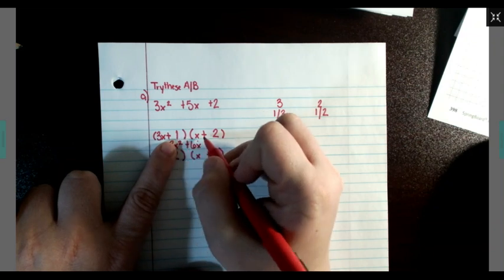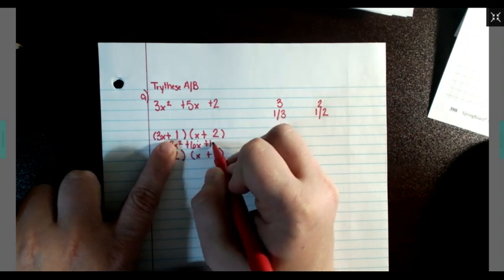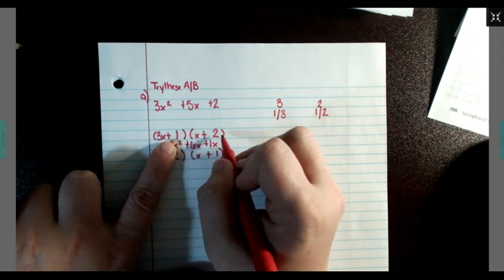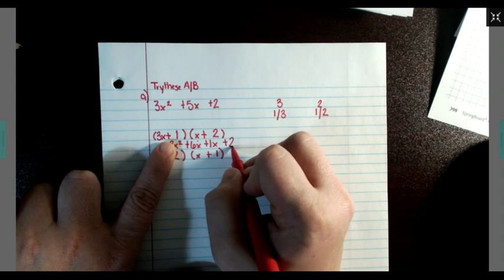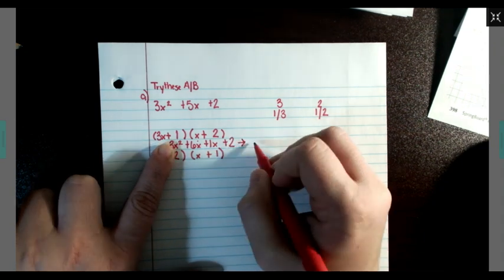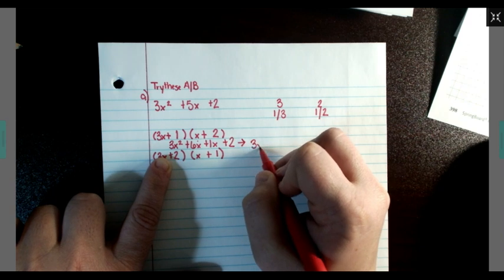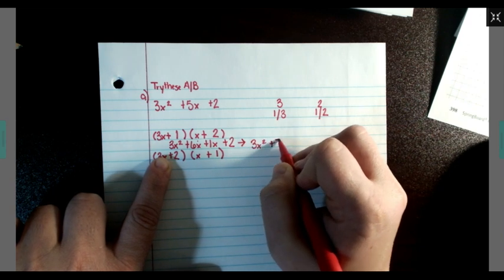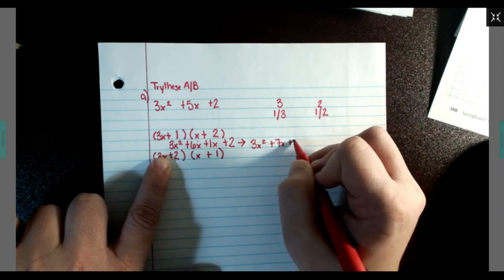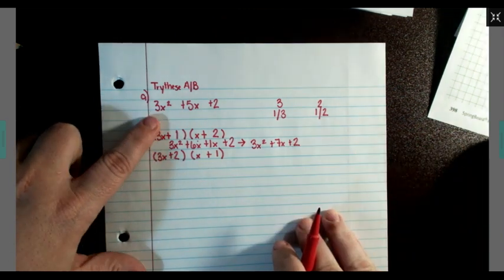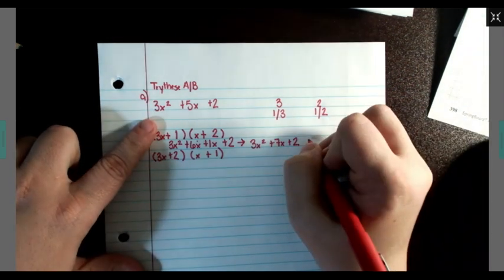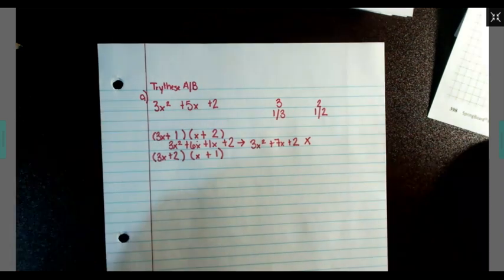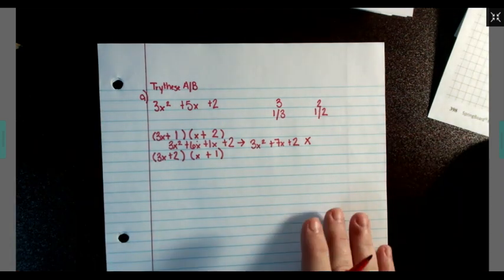If we do 1 times x, we get 1x. And if we do 1 times 2, we get 2. When I combine like terms here, I get 3x squared plus 7x plus 2. Is that what we wanted? No. So this cannot be the correct combination.